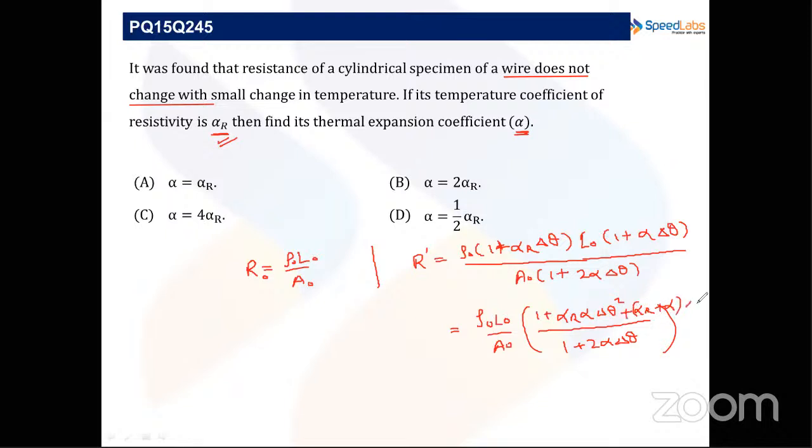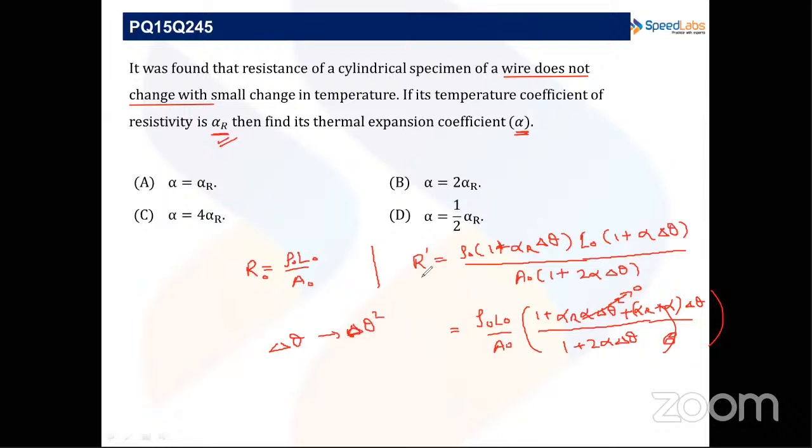So this is the term. Now the thing is, this delta theta square term is going to be 0, because it says small change in temperature, so compared to delta theta we are neglecting delta theta square.